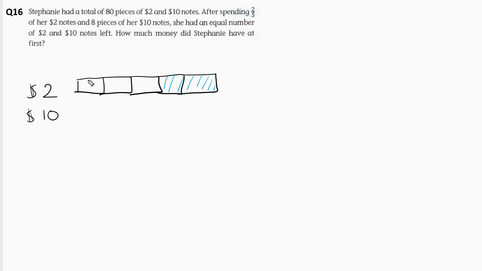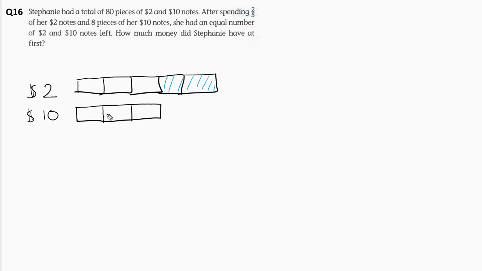So this is what is left of the $2 notes. I'm going to draw a bar that matches that amount and divide it up so that we've got equal parts. And that is what they have left.